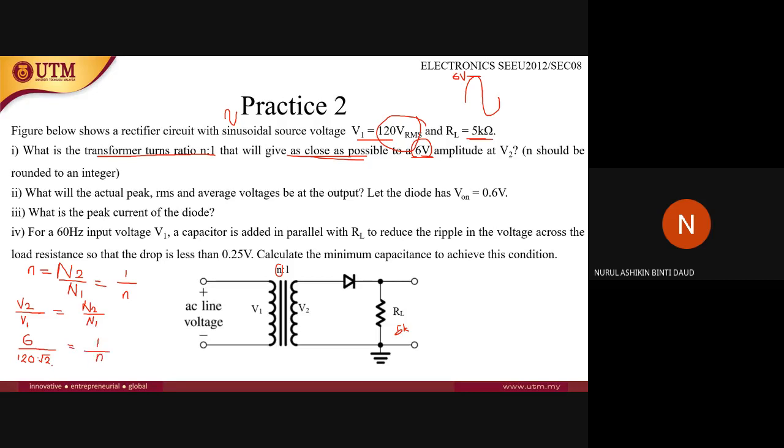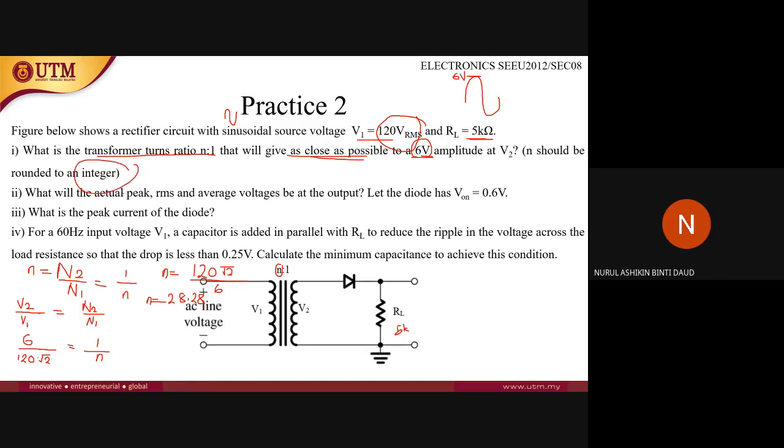So N will be 120 times square root 2 over 6. So you will get your answer N equals 28.28, right? 28.28.